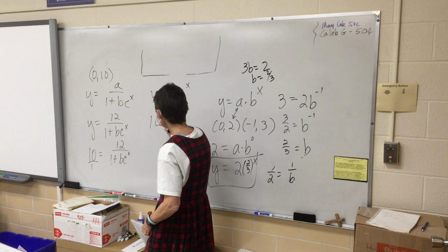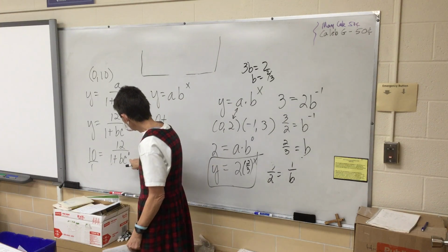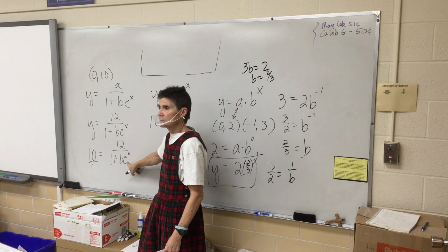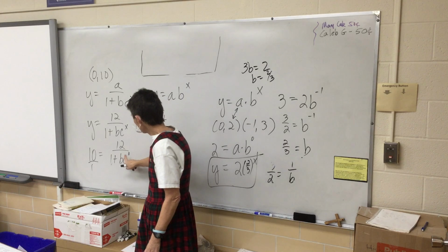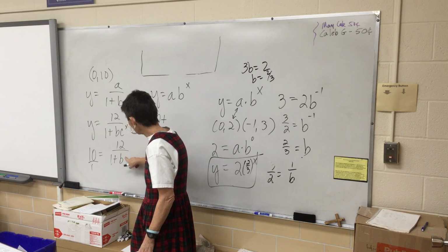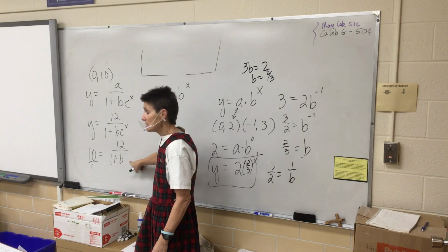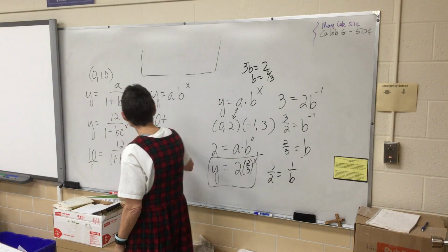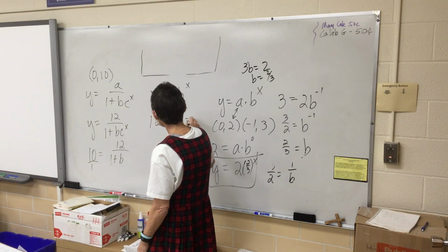10 goes in for y and 0 goes in for x. So 10, oh, wait a minute. What's c to the 0? 1. So that is like it's really not even there. So 10 plus 10b equals 12.